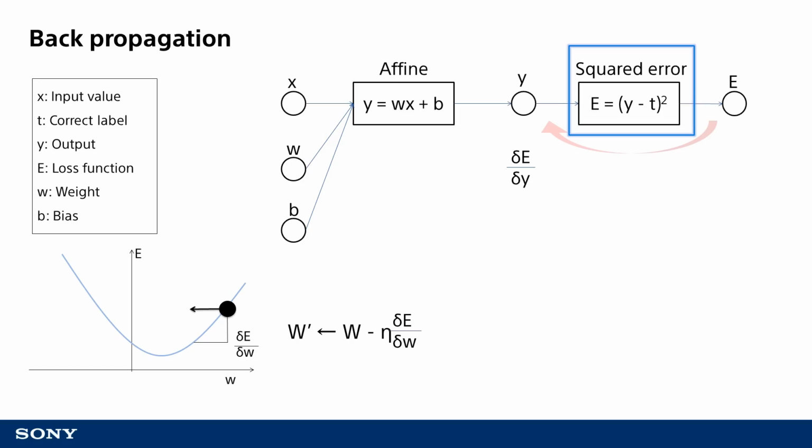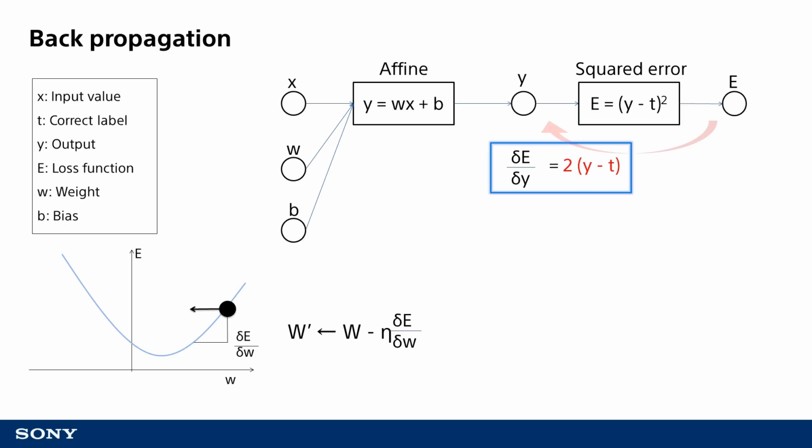It can be obtained by differentiating the function for y. Specifically, this 2 is brought to the front to make it 2 times y minus t. T is a value given as training data and y is obtained during the process of forward calculation, so this can be calculated as a specific value. Then, if we have the value resulting from differentiating this E with respect to y, we can easily obtain the differentials for W and B as well.